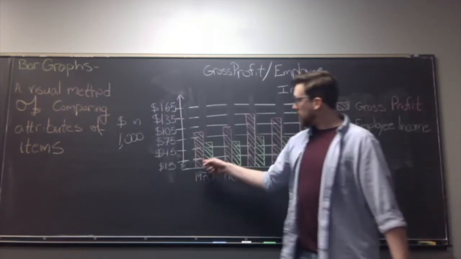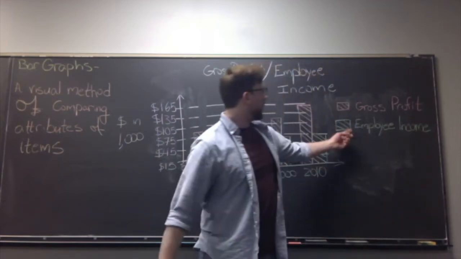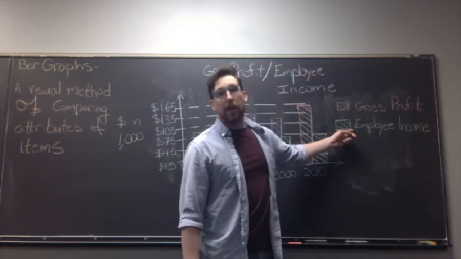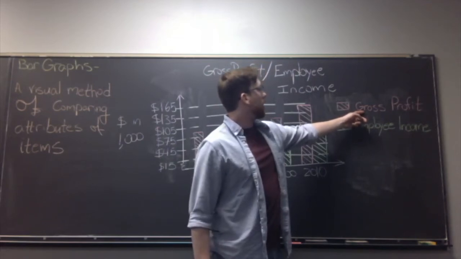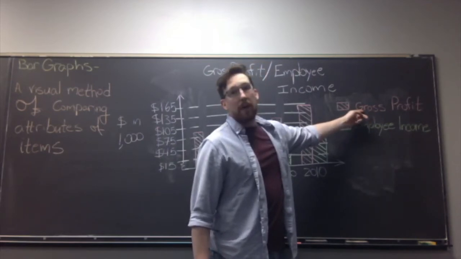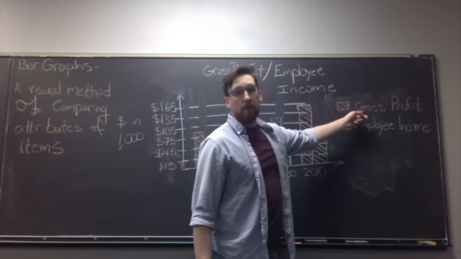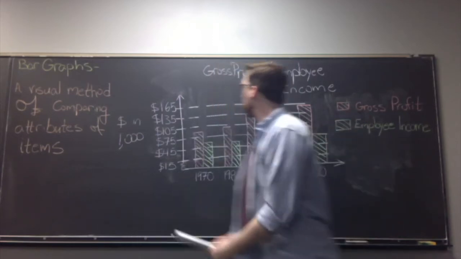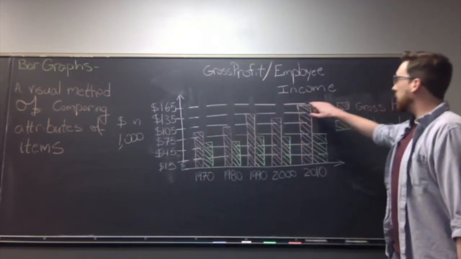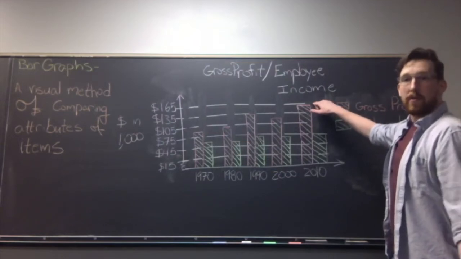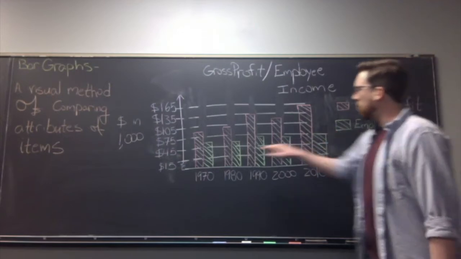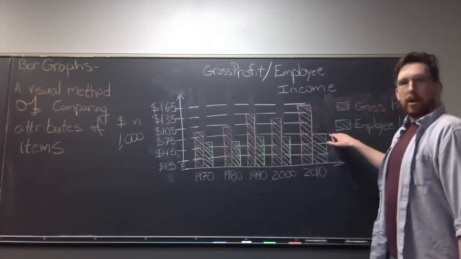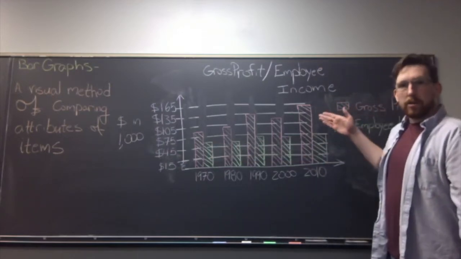So in green, as we can see, green is going to be the employee income. And in this peachy color, we're going to have the representation for gross profit of the business. And we can see, generally the business is doing better every 10 years. Also, the employee income is doing a little bit better every couple of years.